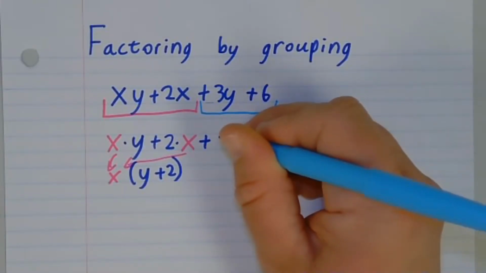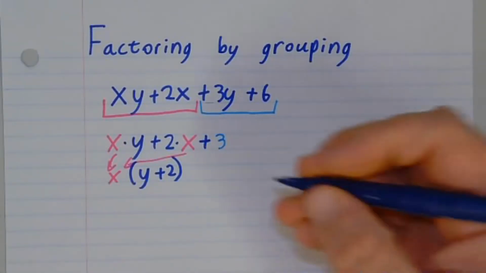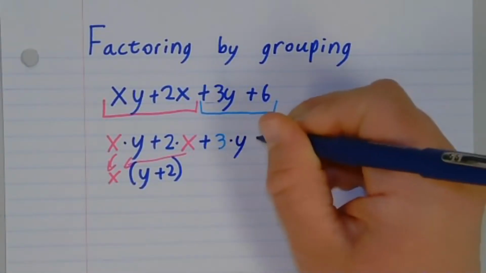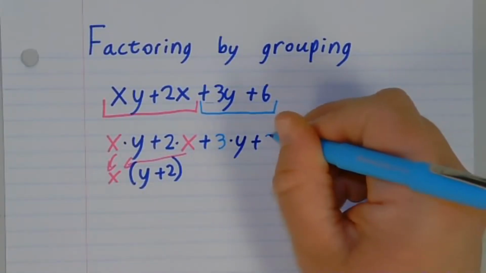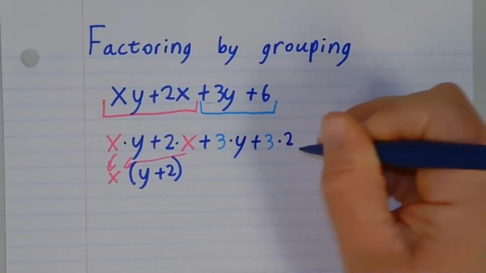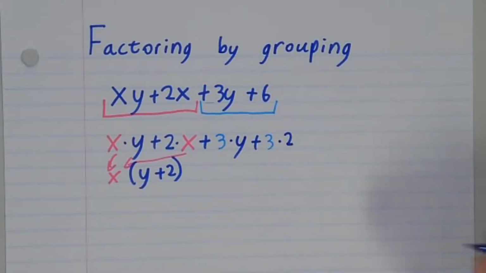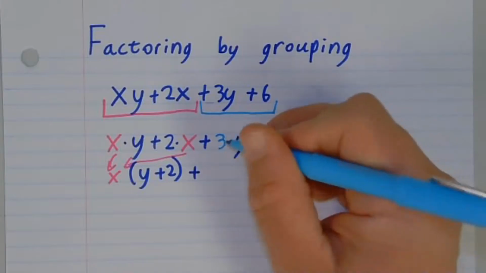So I could write this as 3 times y plus 3 times 2, and then I would have a common factor of 3 that I could factor out of each of those terms.